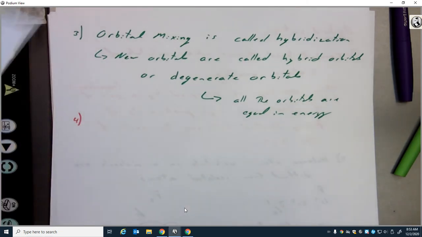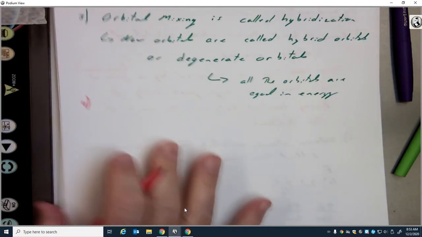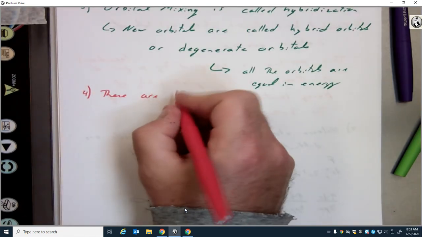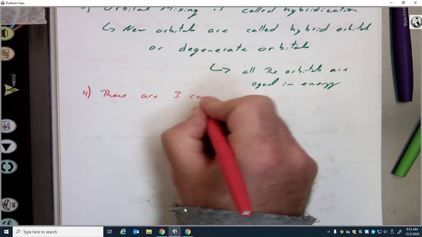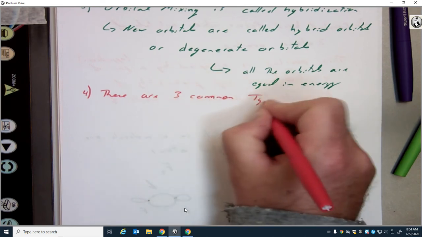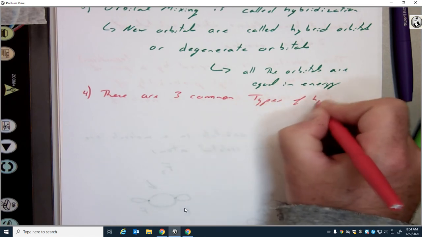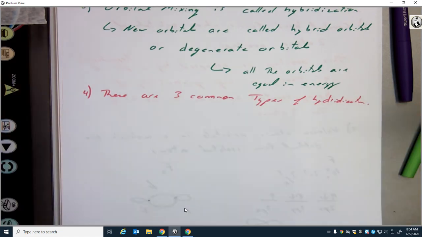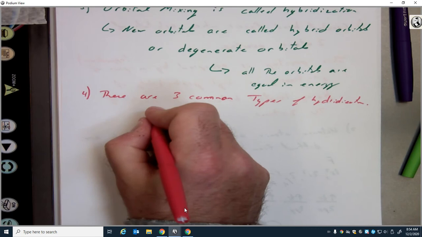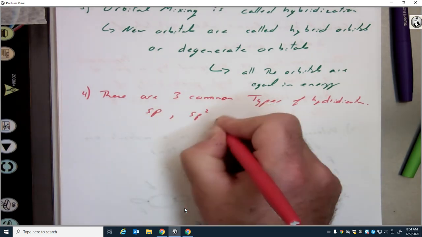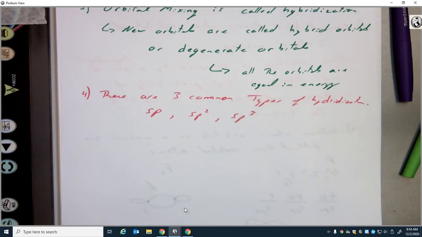Number 4. There are 3 common types of hybridization: sp, sp2, and sp3.